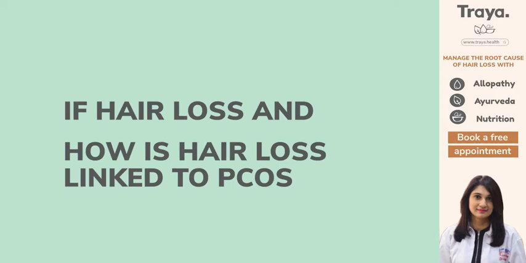in dealing with PCOS. Now, hair loss, and how is hair loss linked to PCOS? Because of the excess testosterone, the excess testosterone will be converted into a more potent hormone, which is dihydrotestosterone. And if you see, a lot of these anti-hair fall products will have DHT inhibitors.